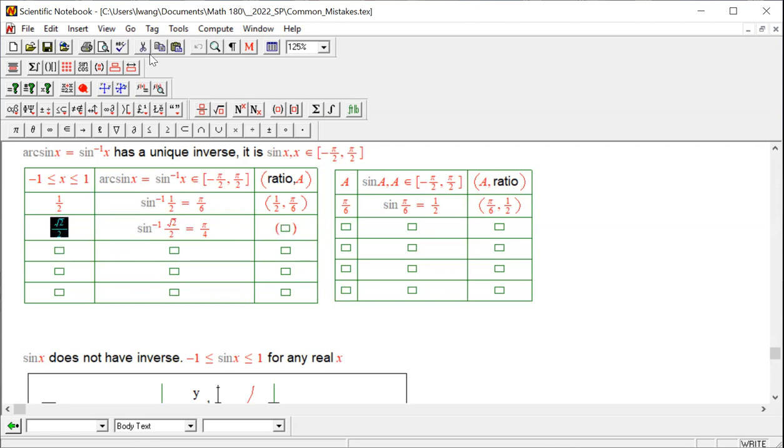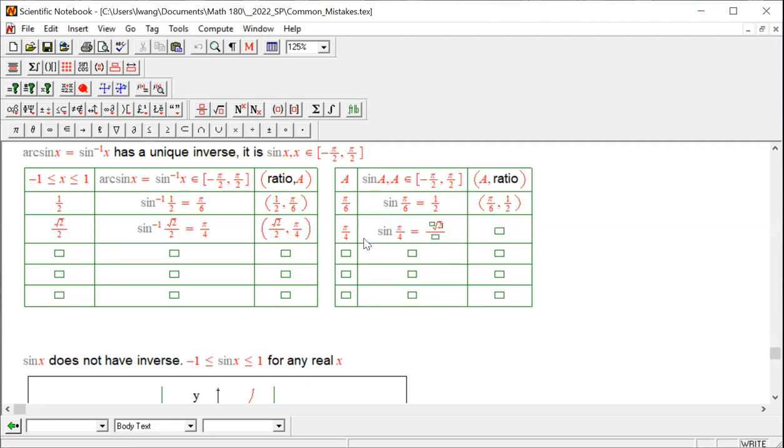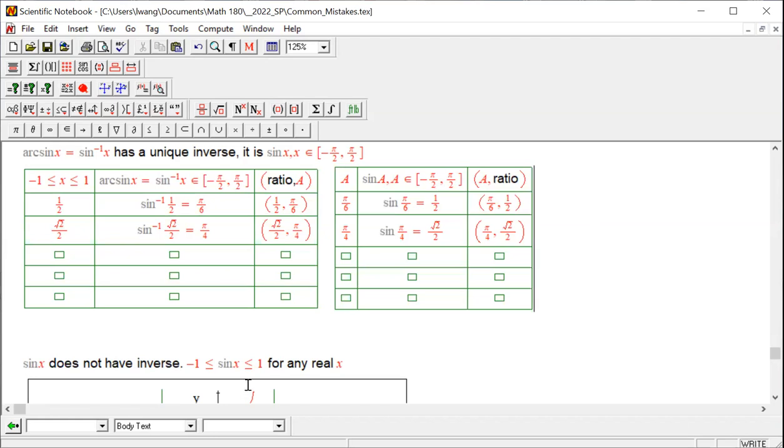So when the input is √2/2, the output is pi/4 for arc sine, and it's unique, one-to-one. For arc sine's inverse, sine of pi/4 equals, of course, √2/2. And now we have that one-to-one correspondence.